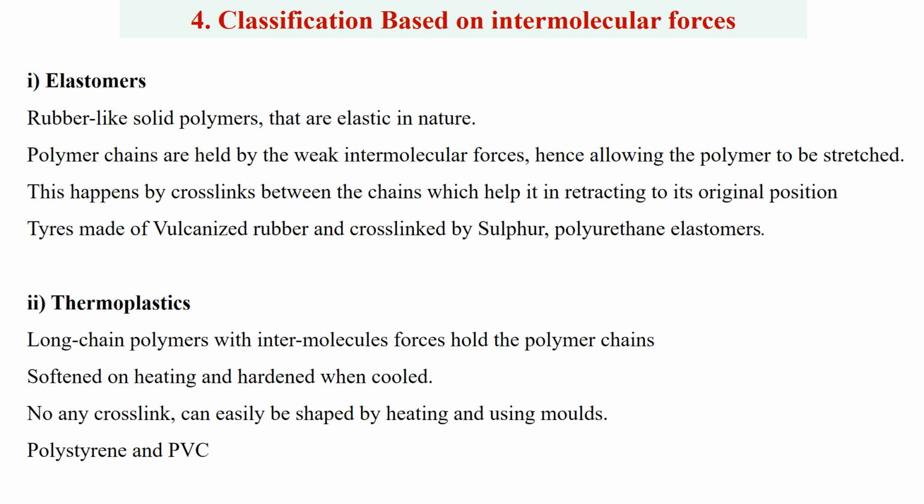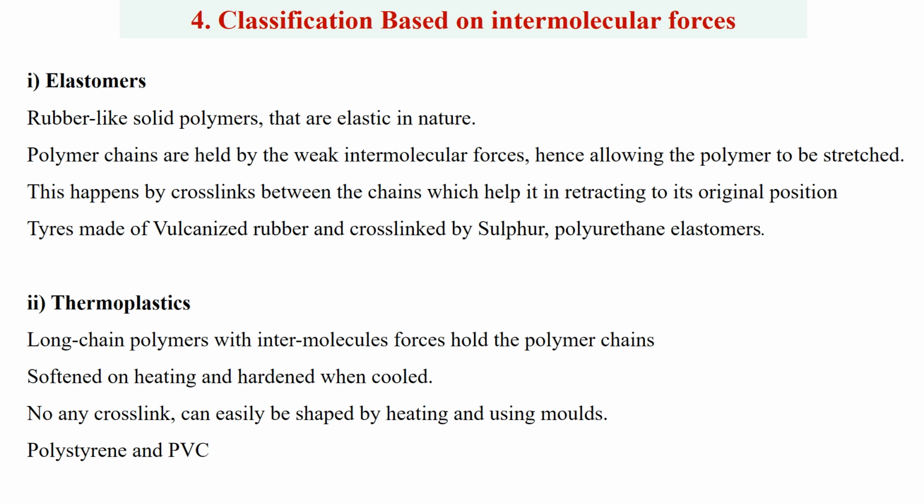However, these polymers only regain their original shape up to a certain limit, which we all have studied, that is called Hooke's law. If they obey Hooke's law, then after removing stress, strain is also removed.